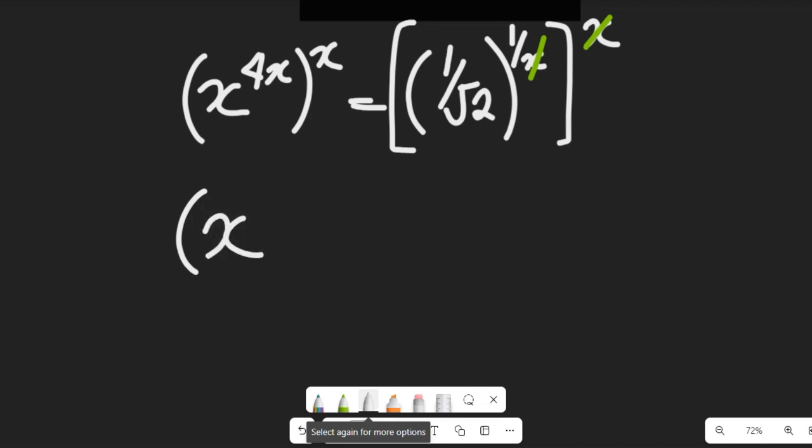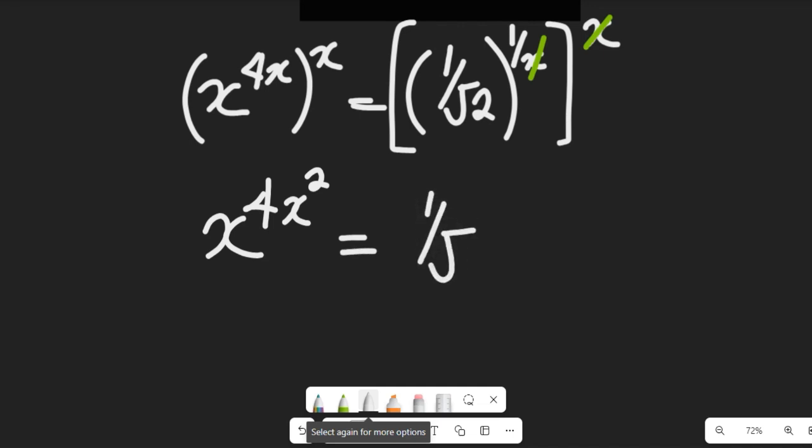And if this multiplies, I'm going to have 4 to the power of x all squared, right? And that expression will now be equal to 1 divided by the square root of 2. Great.